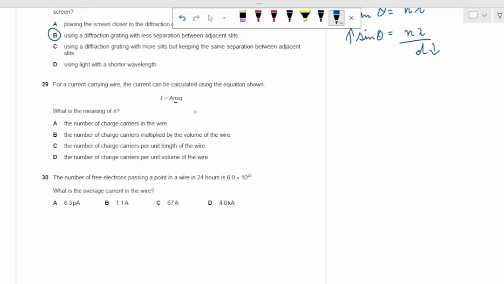And if you are confused about what exactly the unit is, you can see A is the area, which is meter square. n must be the number density.